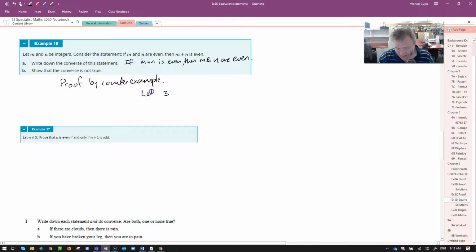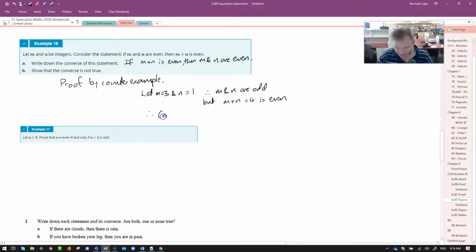Let M equal 3 and N equal 1. Therefore, M and N are odd, but M plus N equals 4 is even. So I've shown the converse is not true.